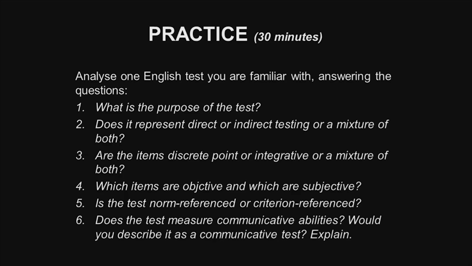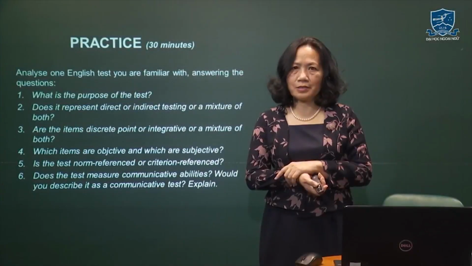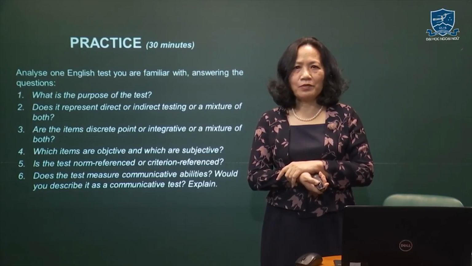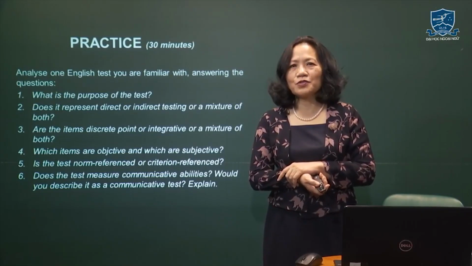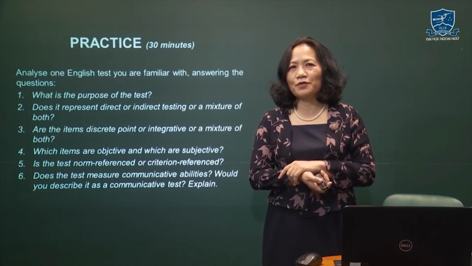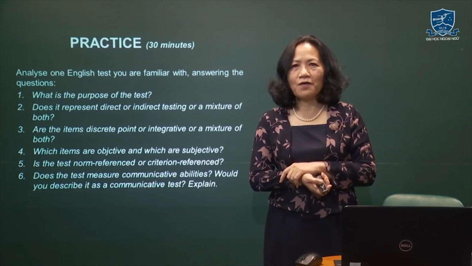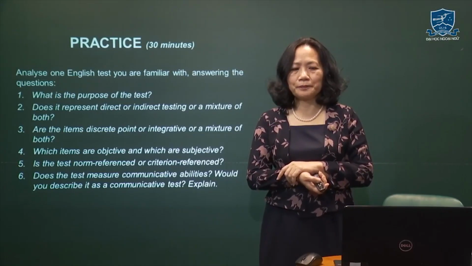And the last question, a very important one, is to decide whether the test measures communicative abilities and whether you would describe it as a communicative test. And of course, you will have to give reasons for your decision, why you think it's a communicative test or why you don't think so.